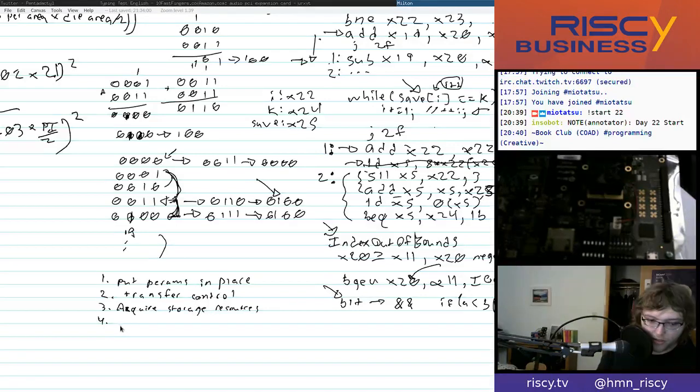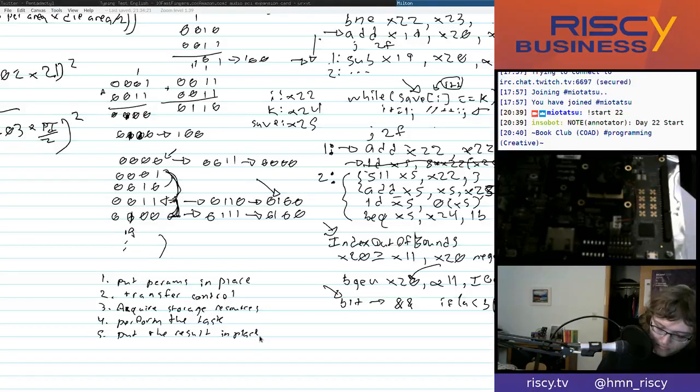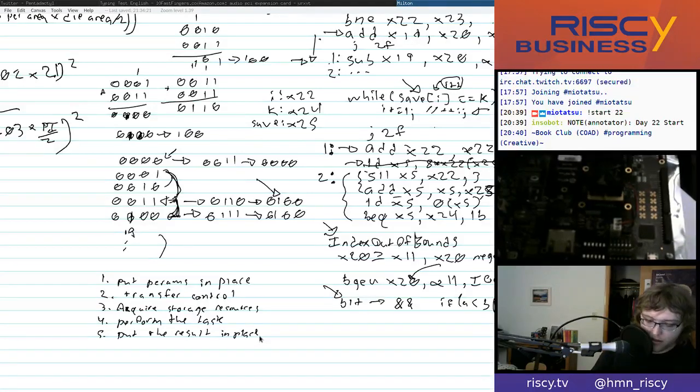Next up, you have perform the task. Then you put the result in place. And then return control.